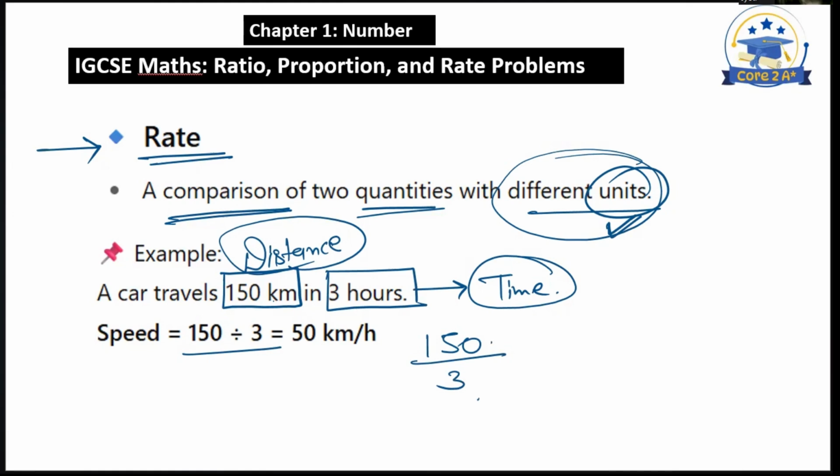So this is called your rate. That's the meaning of the rate. After solving this, 50, and because we know that the unit of distance is kilometer and the unit of time is hour for this question, the final unit would be kilometer per hour, right?